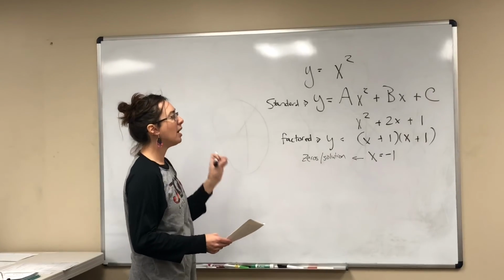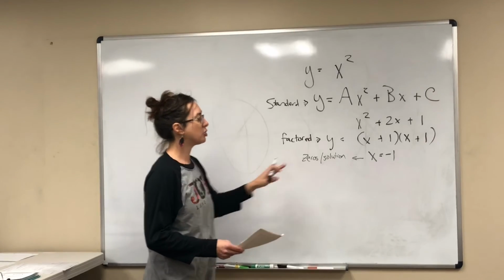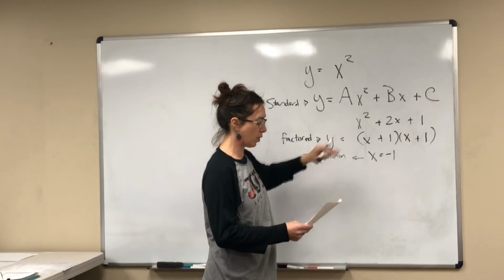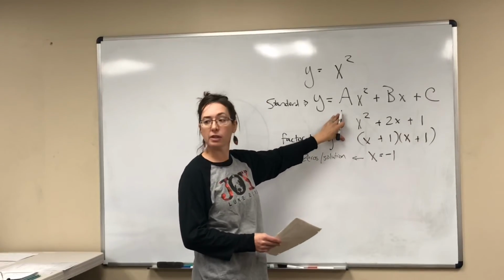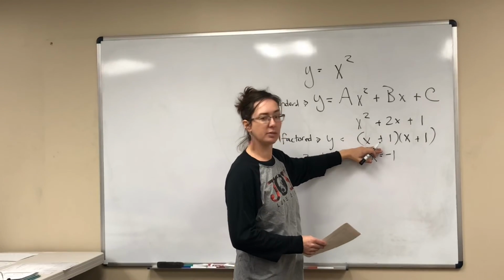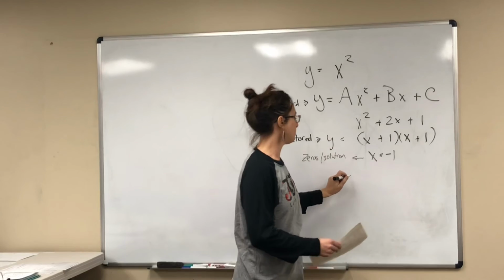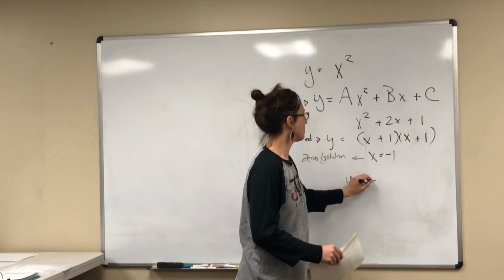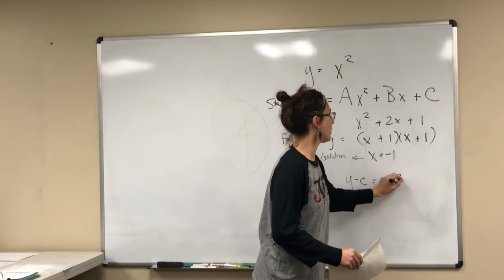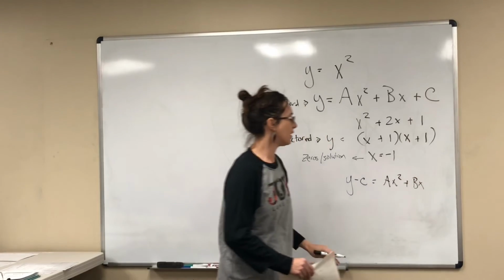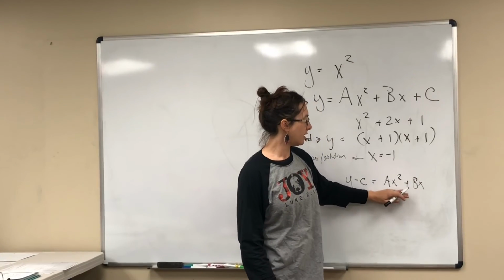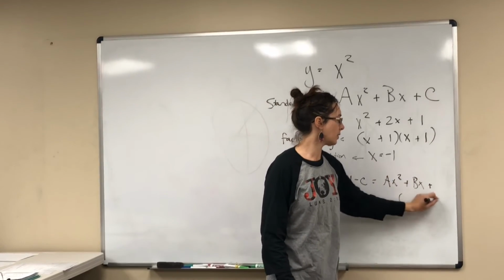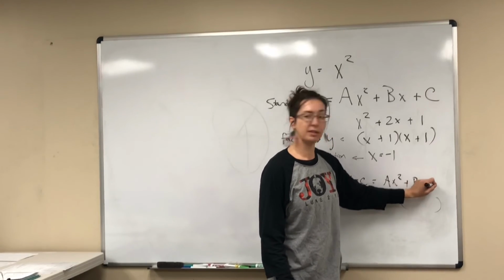Then another way to rearrange this and solve it, besides our factored form and our standard form, is to use completing the square. Remember, sometimes we weren't able to just factor it. Sometimes we have to rearrange. So if I move my c over, then I end up with ax squared plus bx, correct? When we had a squared term and then a value, we could turn this into completing the square, by taking 1/2 of b and then squaring it, right?